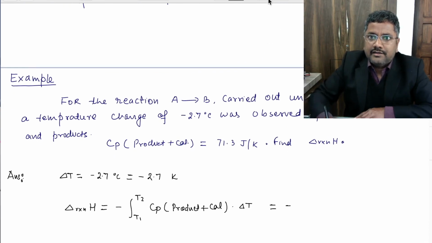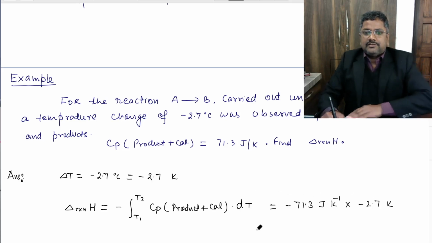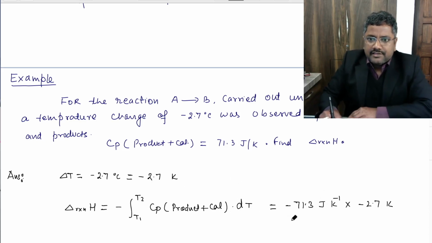So we can write here minus Cp, this is given, 71.3 joules per Kelvin multiplied by minus 2.7 Kelvin, because delta T is given directly.